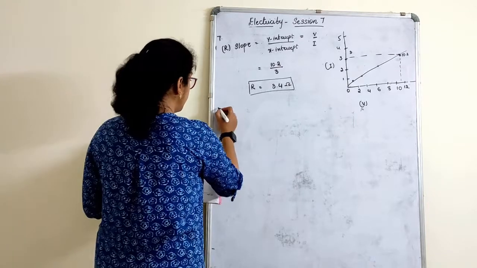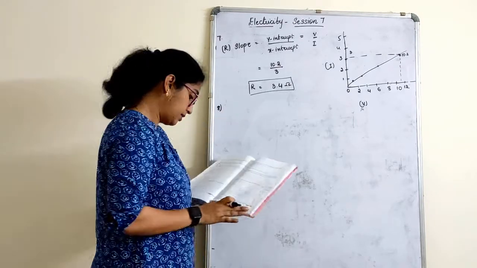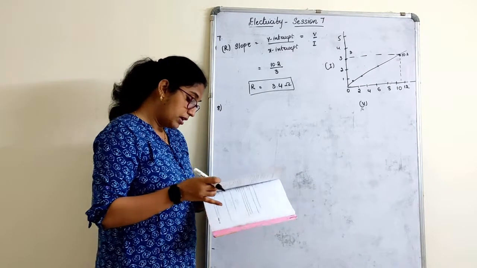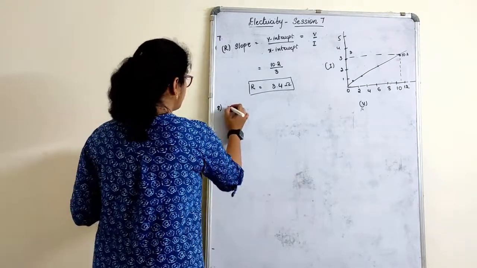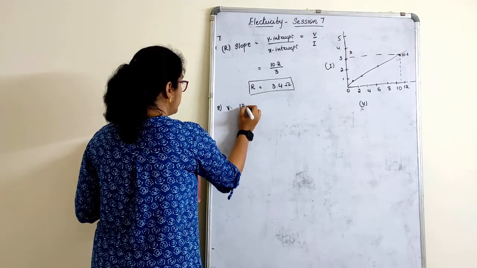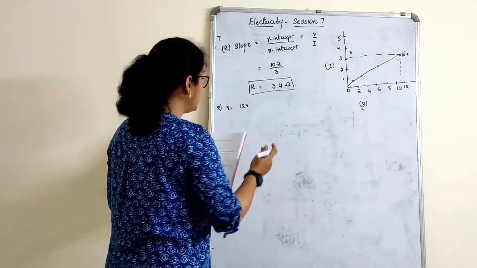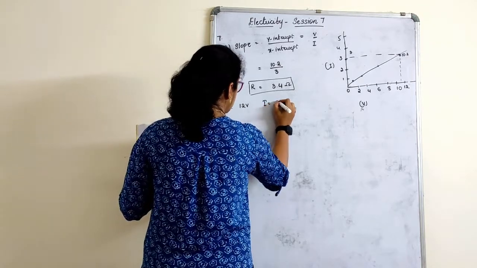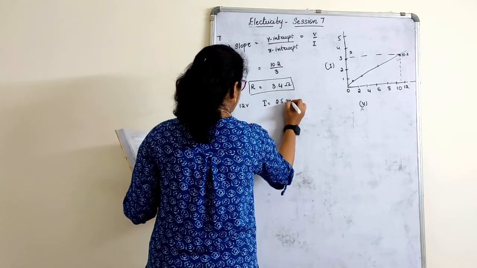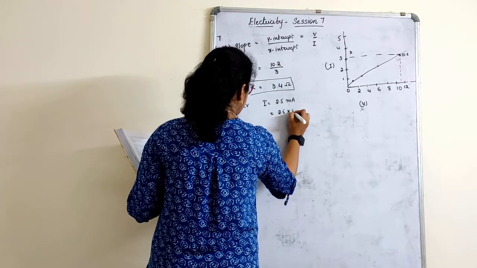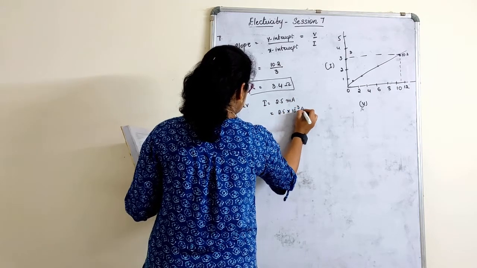We'll quickly move to the next one, the 8th one. When a 12 volt battery is connected across an unknown resistor, there is a current of 2.5 milliampere, that is 2.5 into 10 raised to minus 3 ampere.